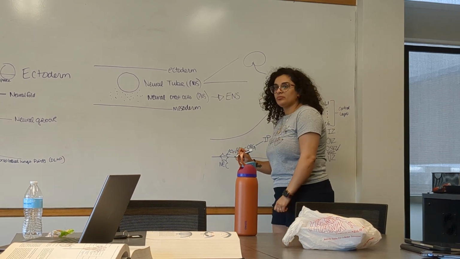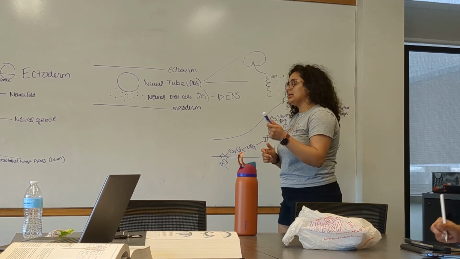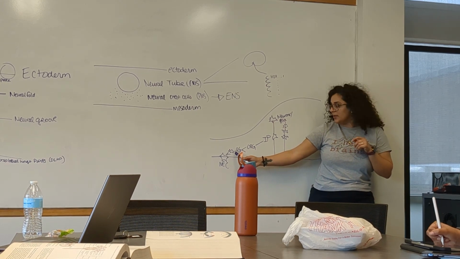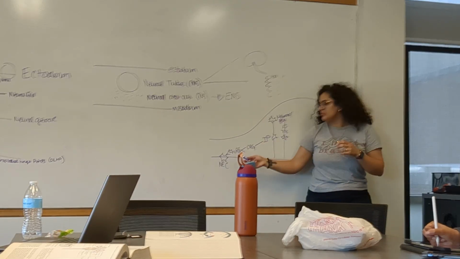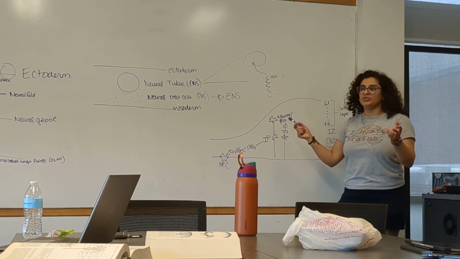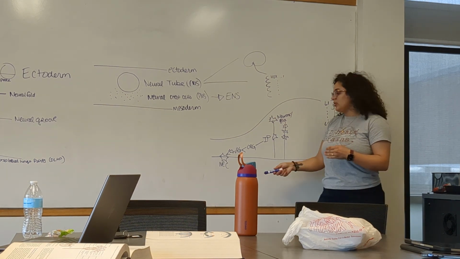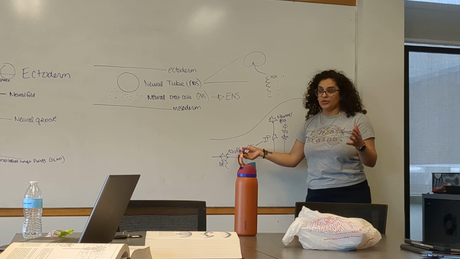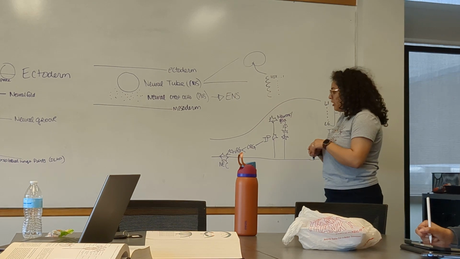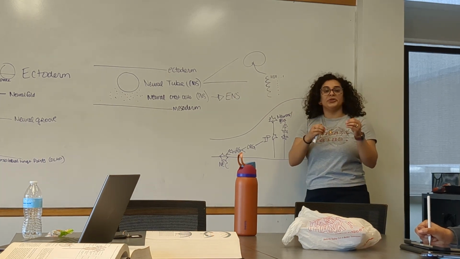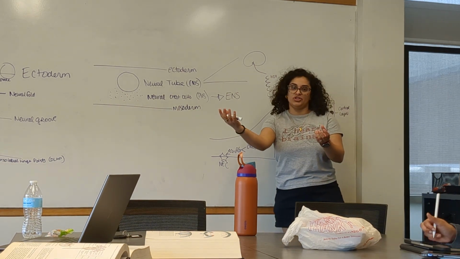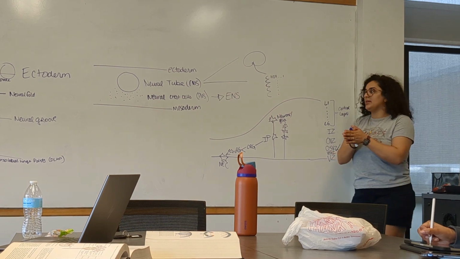So symmetric division is really important in these earlier stem cells because it maintains the progenitor pool. You don't want to deplete it because if you do, you won't be able to give rise to as many cells. That's also known as self-renewal. It's really important for stem cells, which are also characterized by their ability to undergo asymmetric division, which means it gives rise to one of itself and one of another differentiated cell type. So it's really important for stemness.